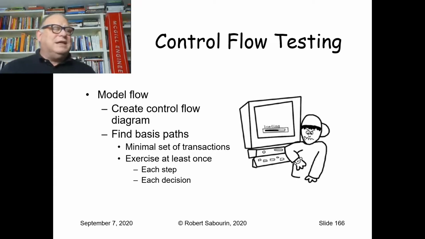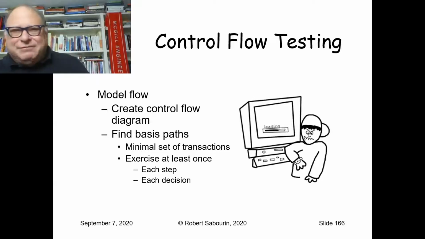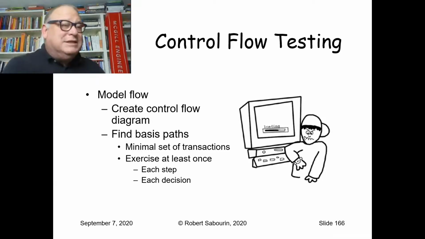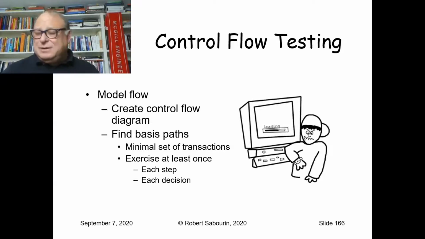And I'm not sure exactly how linear combinations of paths works, but I have used the work of McCabe for many years. It has helped me, and it can give you a really good set of paths to exercise, so you have confidence that the system as a whole is relatively robust.